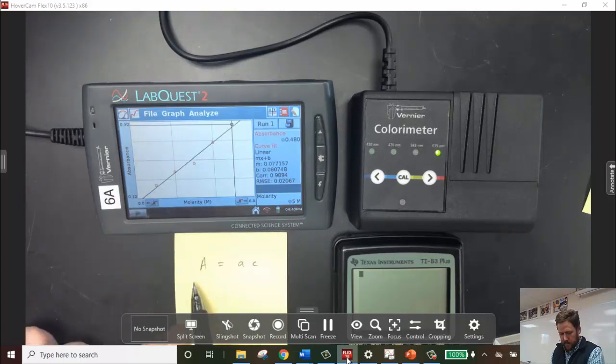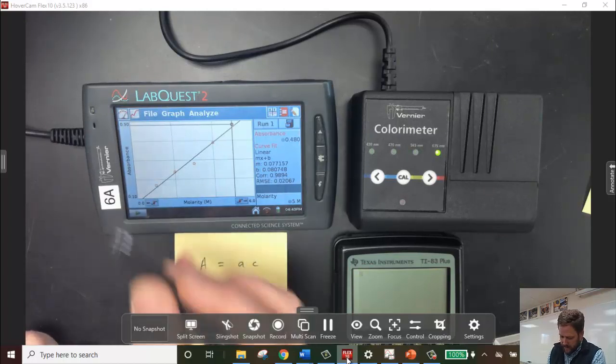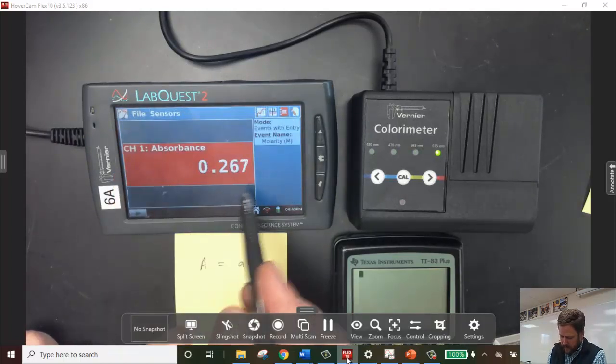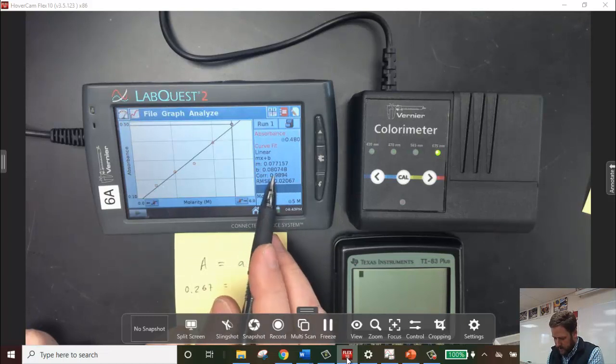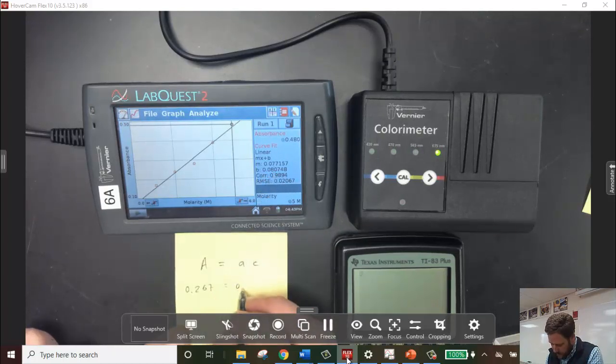The uppercase A here is absorbance, and the absorbance of my unknown sample was 0.267. The small letter a here is the slope, and the slope of my line here is 0.0772 approximately. There we go. And so I can solve for concentration. The concentration is simply going to be absorbance divided by slope.